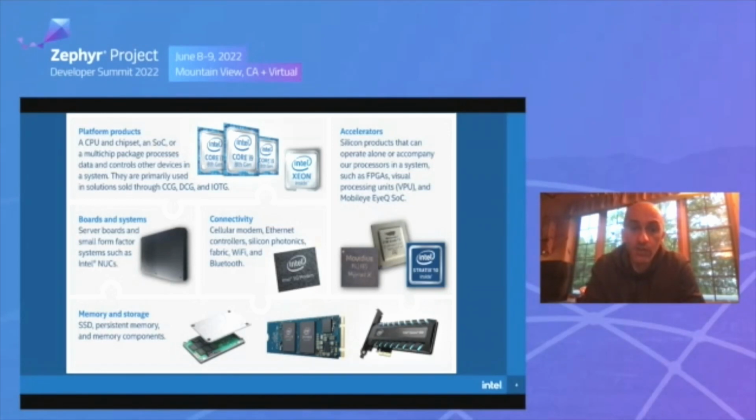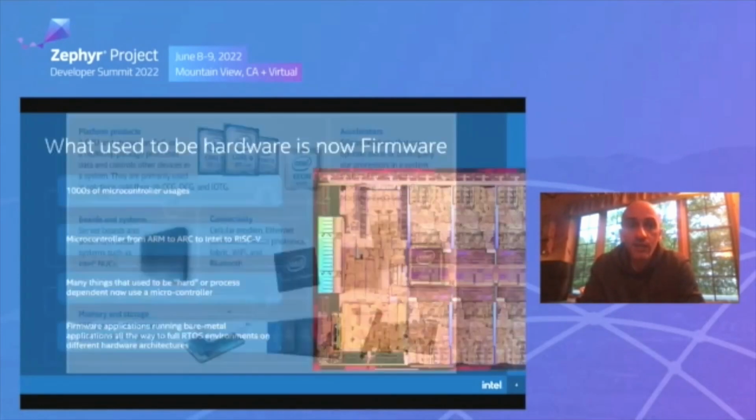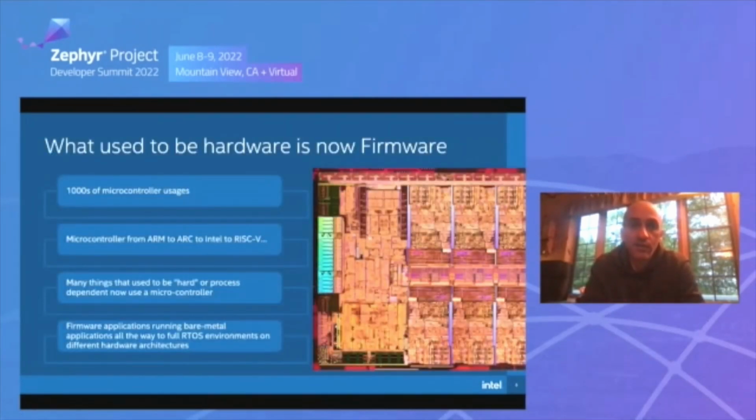So looking at that, and given where we are today, you realize that what used to be hardware in the past is now mostly done in firmware. That's why if you look at the wide range of products and the multiple use cases you need to support in each product, you will end up having thousands of microcontroller usages.